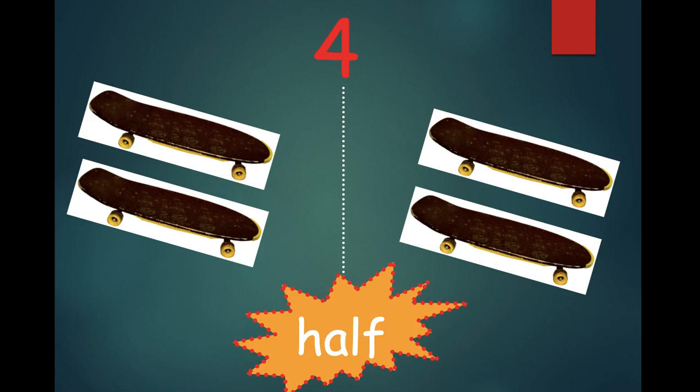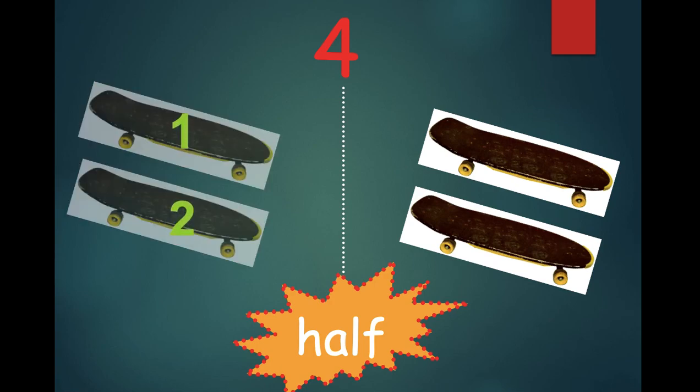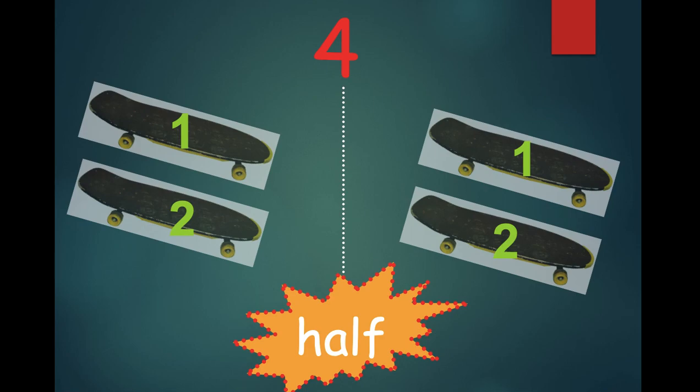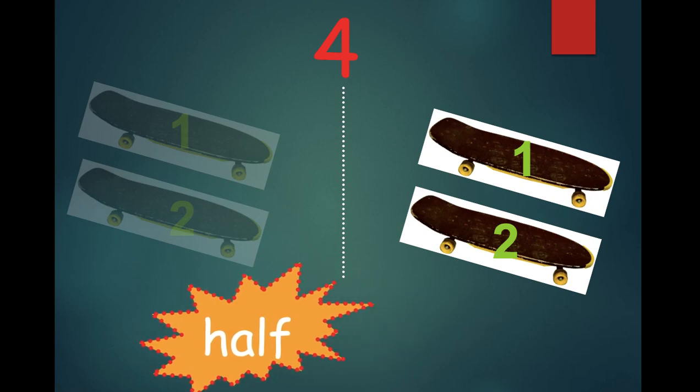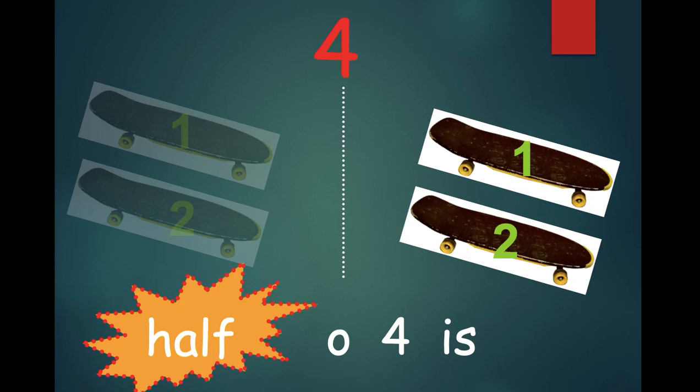I again insist, half means dividing the objects into 2 equal parts, and any one part of the equally divided is called half. So here we have divided these skateboards into half. One to this side, one to the other side. Now have a look. This is the half of this. So what is the half of 4? Can you guess now? Lovely. Half of 4 is 2.